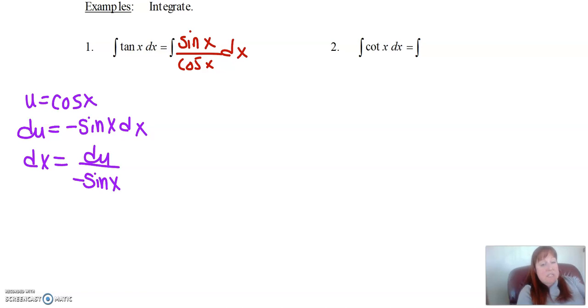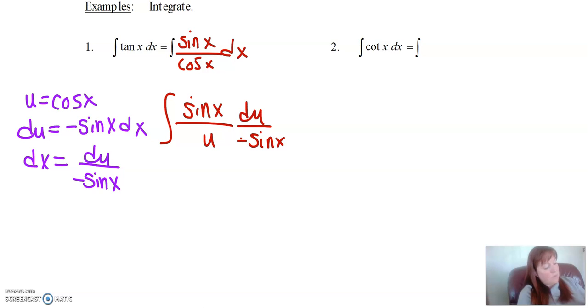So let's substitute this back in and see what happens. Okay, so I have the integral of sine x over u du over negative sine x. The sine x's cancel out, which is what we were wanting, right? And we have negative 1 times the integral of 1 over u du.